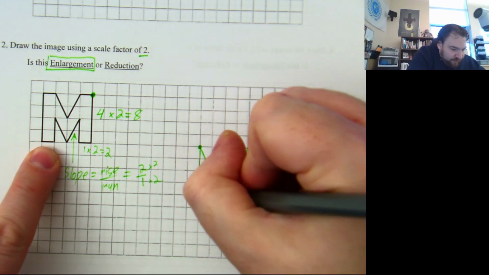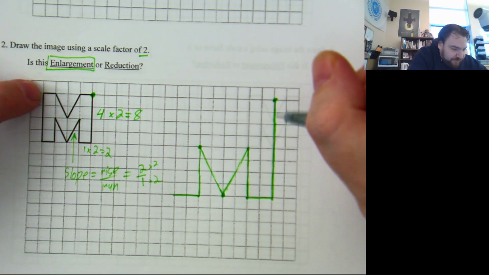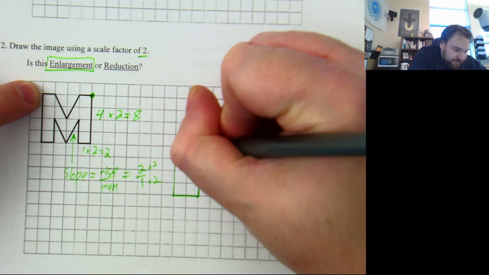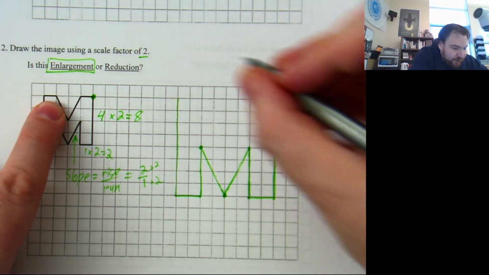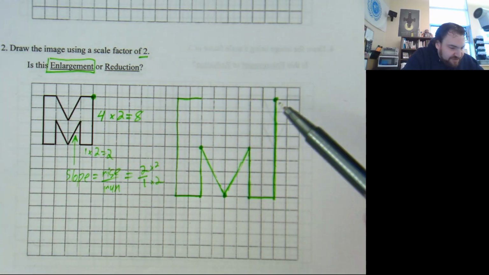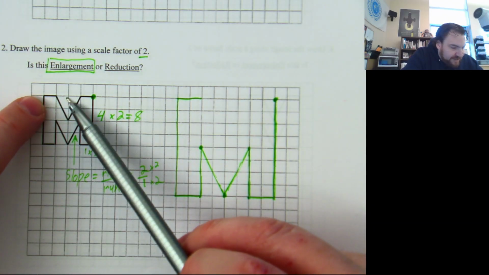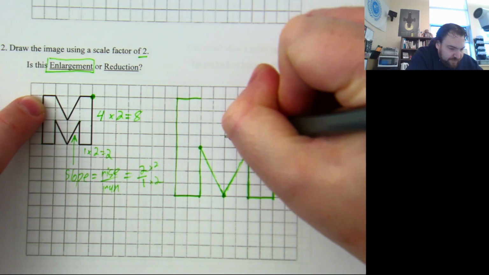Instead of going over 1, we're going to go over 2. Instead of going up 1, 2, 3, 4, we're going to go up 1, 2, 3, 4, 5, 6, 7, 8. Instead of going over 1, we're going to go over 2. And then these diagonals are the same. This one goes over 1, down 2. So we're going to go over 2, down 1, 2, 3, 4.